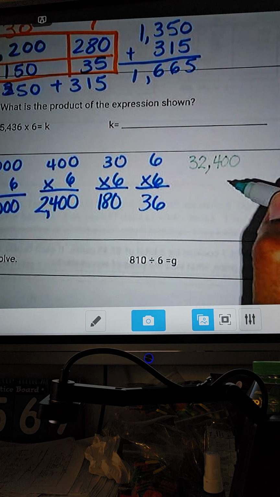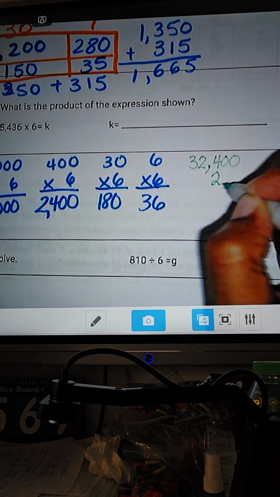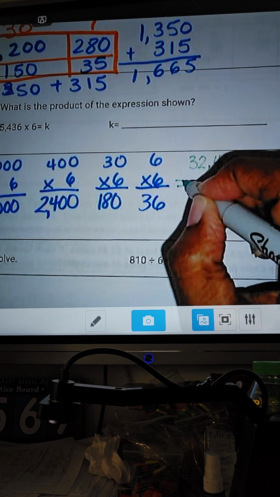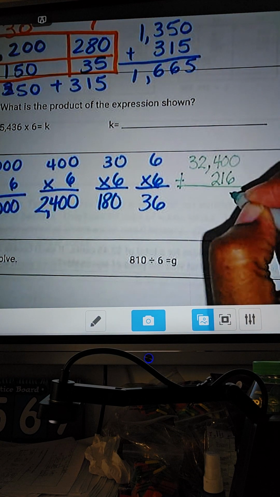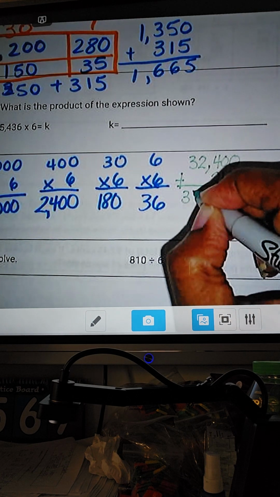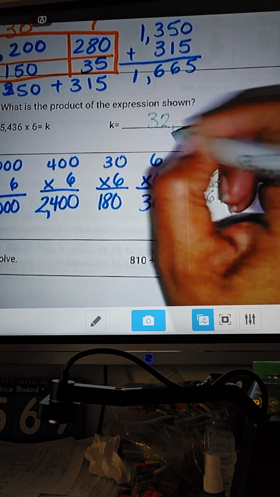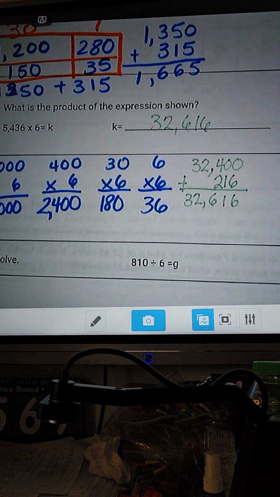And then 180 plus 36 is 216. Add it together. 32,616. K equals 32,616. Questions?